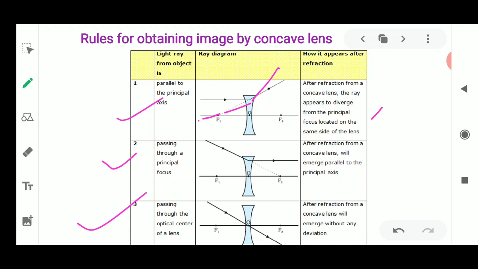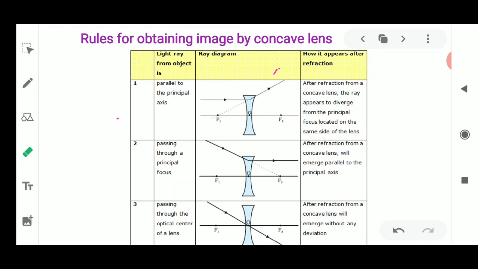Similarly, if the ray of light is directed toward the focus, then after refraction from the concave lens, the light will emerge parallel to the principal axis. It is just the opposite of the first rule.